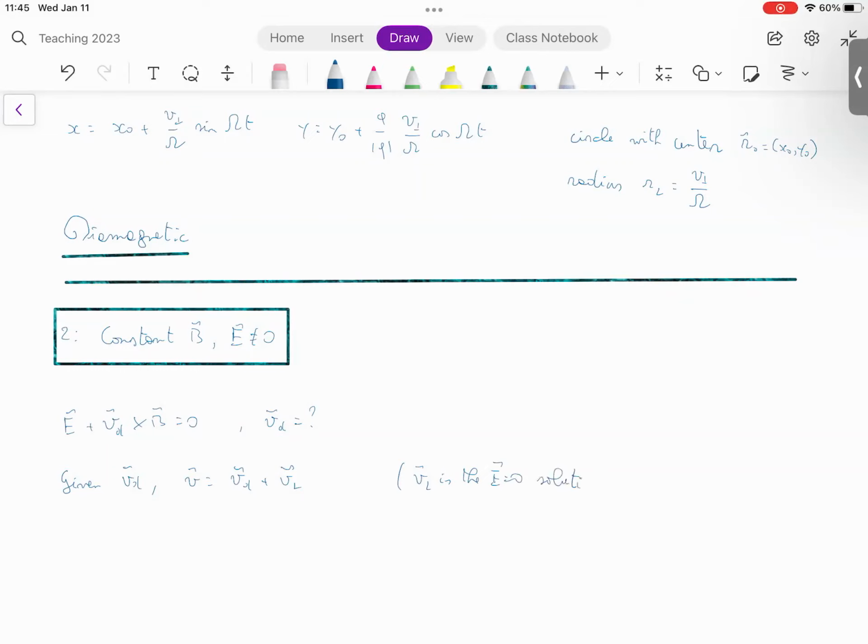Let me put that in writing. V sub L is the solution of the case where the electric field is zero. And in practice, what I can do is a transformation of coordinates that transforms the electric field away.